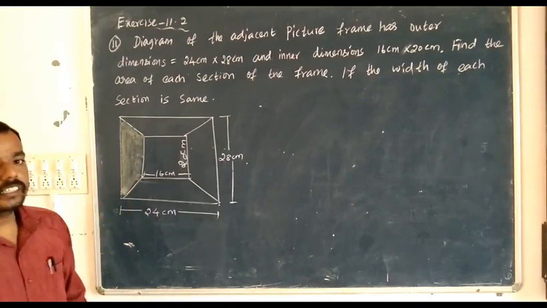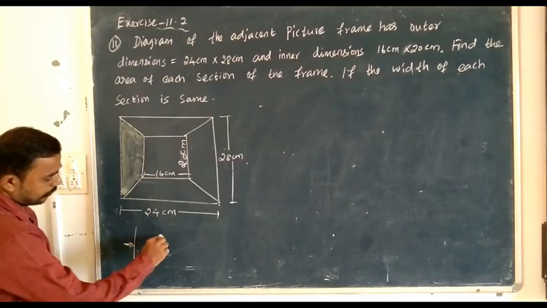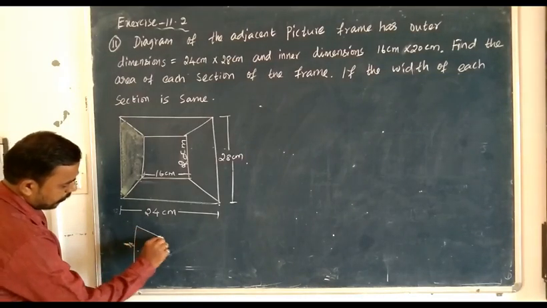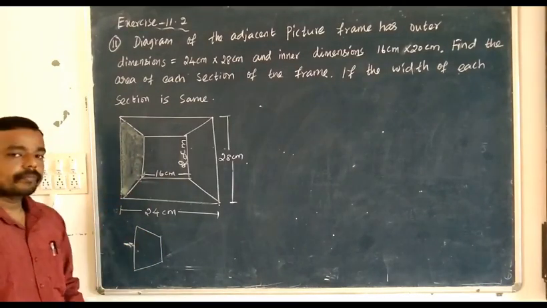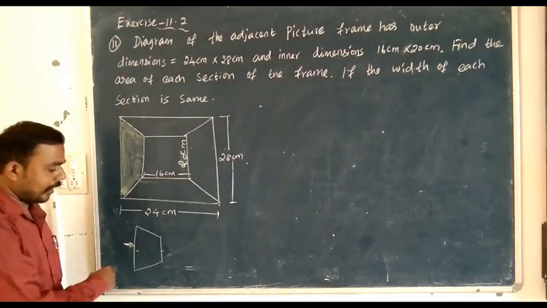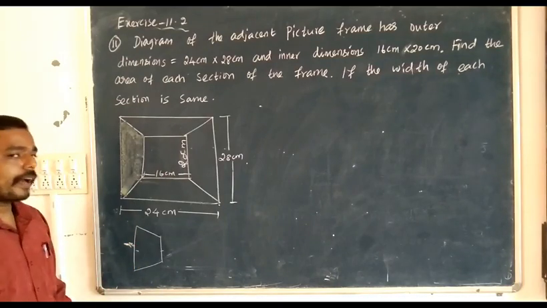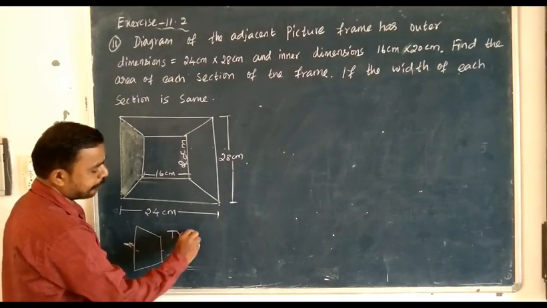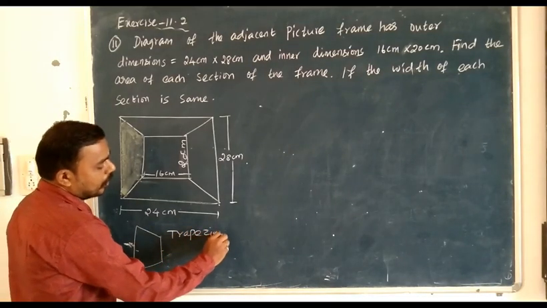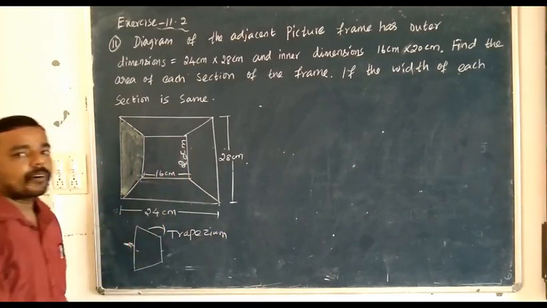For this section, I am going to draw a separate diagram. These two sides are parallel, these two sides are not parallel. One pair of sides being parallel means we can tell this shape is a trapezium. So you can consider each section is a trapezium shape. All are trapezium.